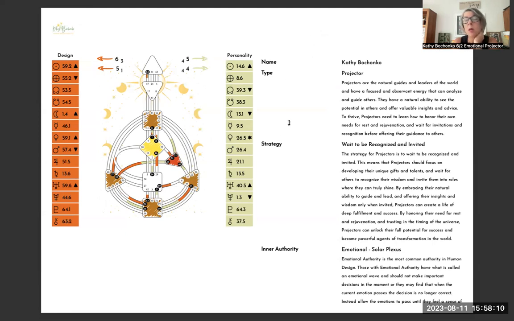And so knowing that you are a particular energy type with a particular strategy and a particular profile are the most important things to focus on understanding first. So each of the different things you can be would require a different conversation.